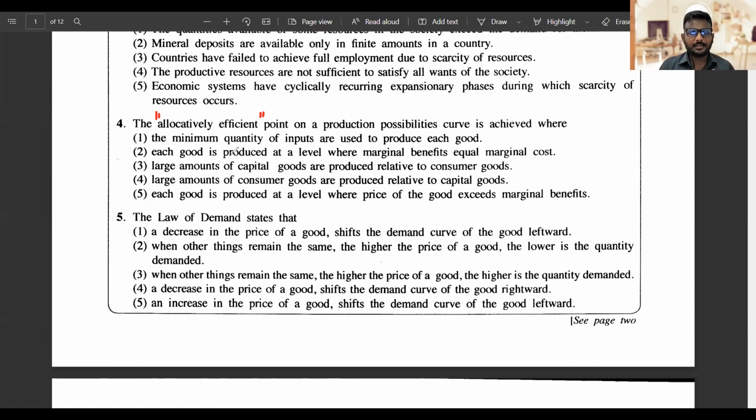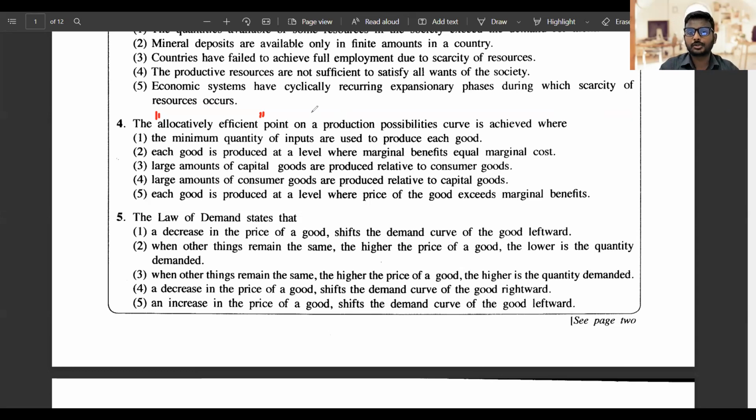If that's the case, then for the economy to be allocatively efficient, it should produce only 120 units. If only 100 units are produced, the economy is not allocatively efficient. If more than 120 units are produced, again, it's not allocatively efficient. Only when the market produces 120 units, which is preferred by the society, will the economy be considered allocatively efficient.